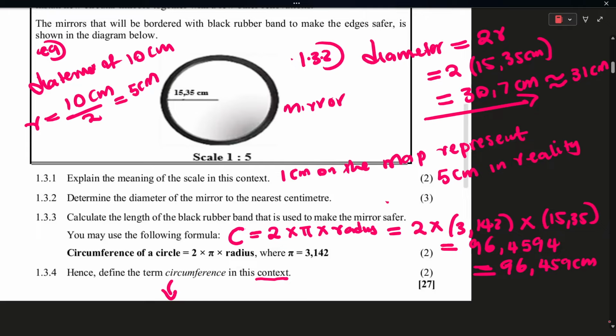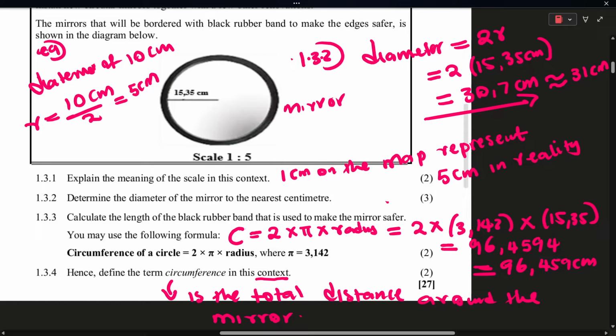So what are you going to say? Is the total distance around the what class? Around the mirror. That is the answer. 2 marks. See? That is how you answer this question.